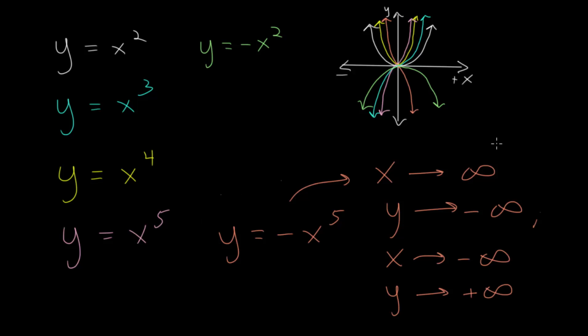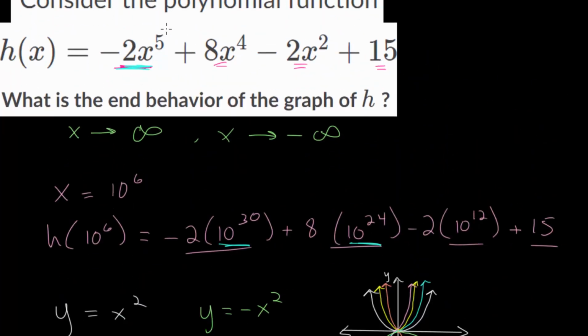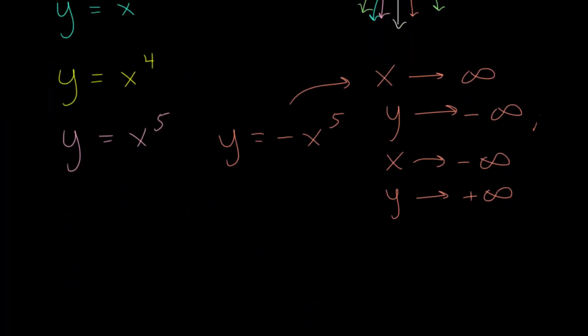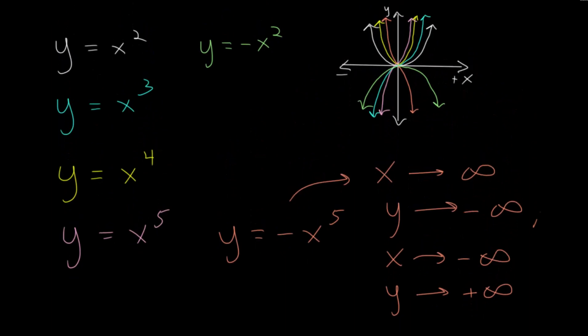And like I said, since our polynomial function is dominated by this highest power term, where we have a -2 times x to the fifth, the end behavior of this will react the exact same way as the end behavior of this equation here.